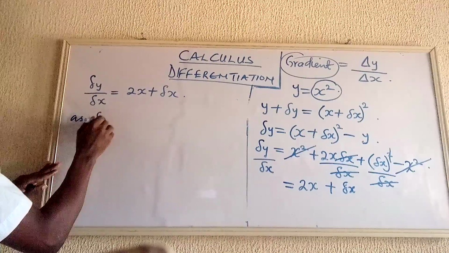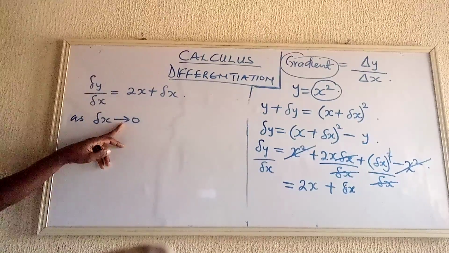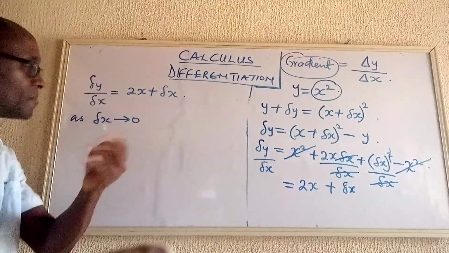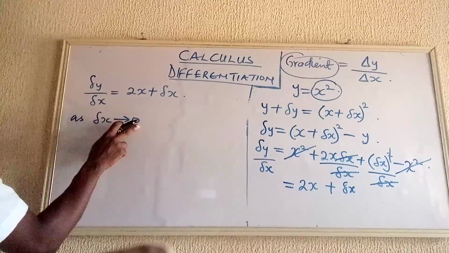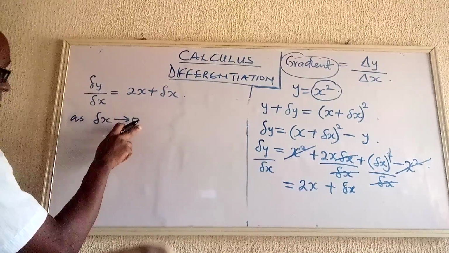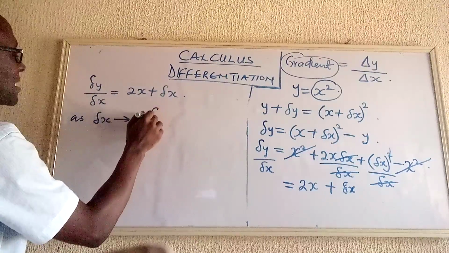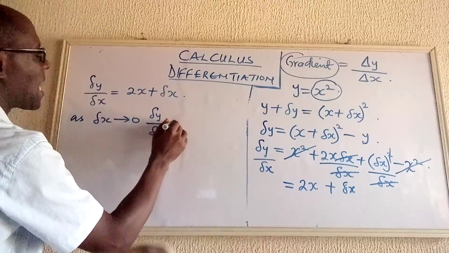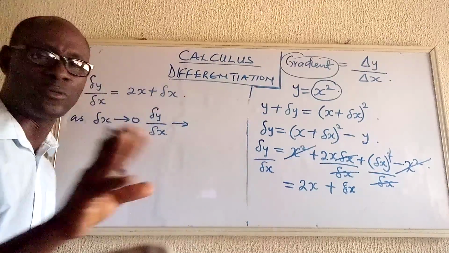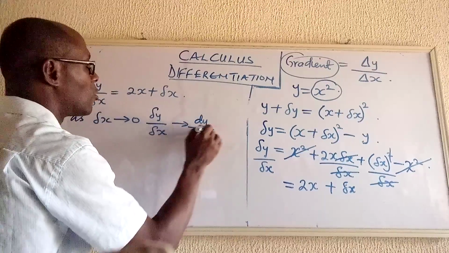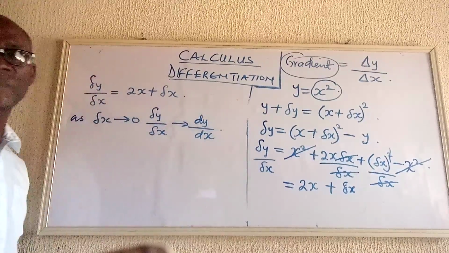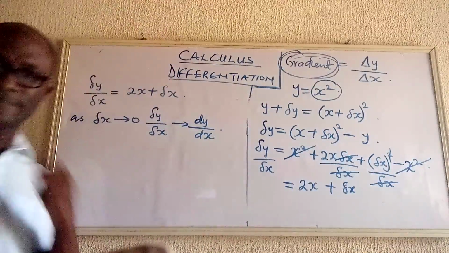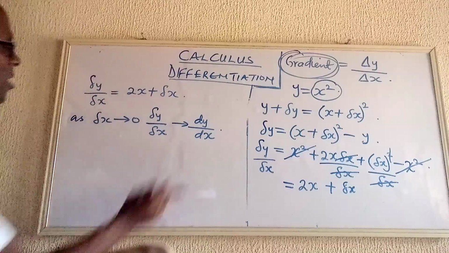As delta x tends to 0, we use this arrow to show that delta x is approaching 0. As delta x is tending to 0, then delta y over delta x will be approaching its limiting value, which is dy over dx. And dy dx is called gradient. So what does that mean?